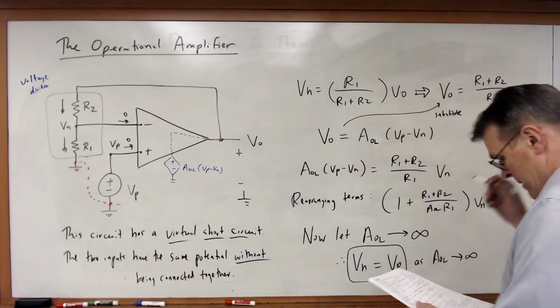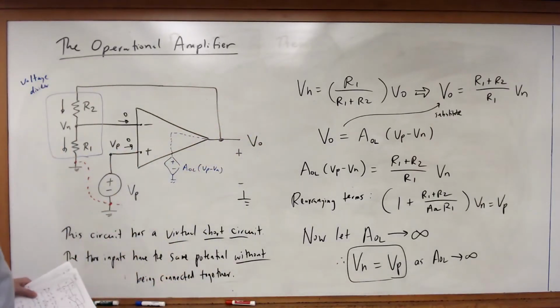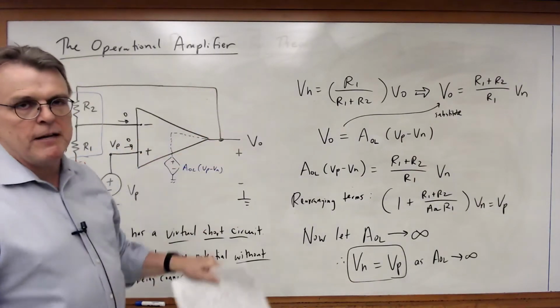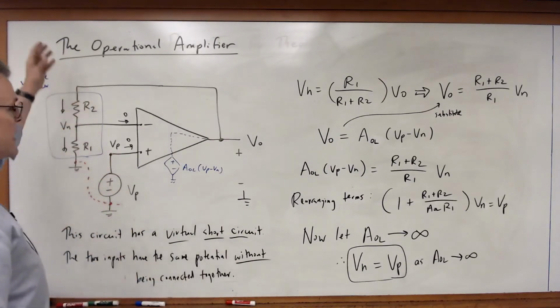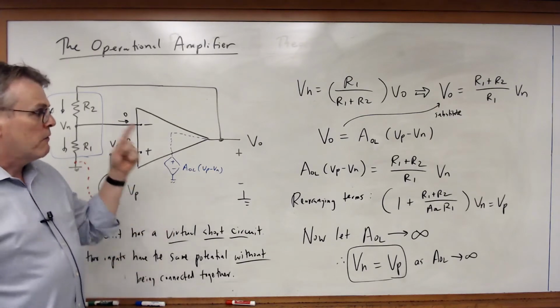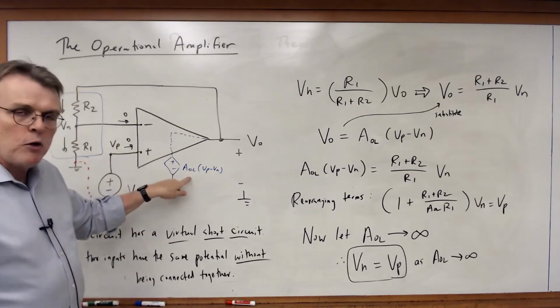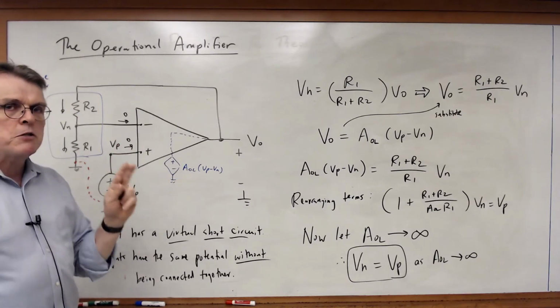All right? Now, to have a virtual short circuit, we must have negative feedback. Always remember that. If we remove the negative feedback, the virtual short circuit doesn't hold anymore. So the negative feedback and an open loop gain dependent voltage source with AOL going to infinity, those two things are a requirement.